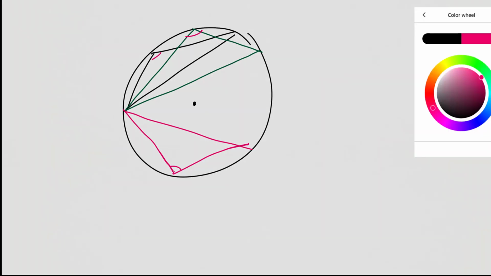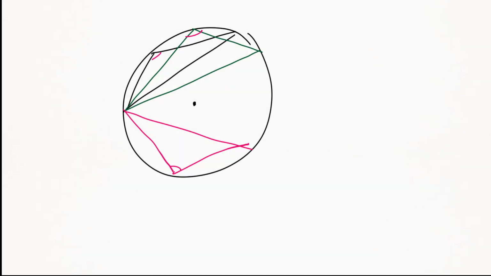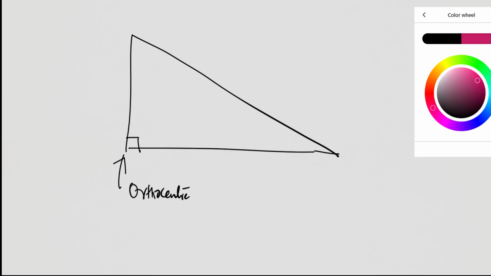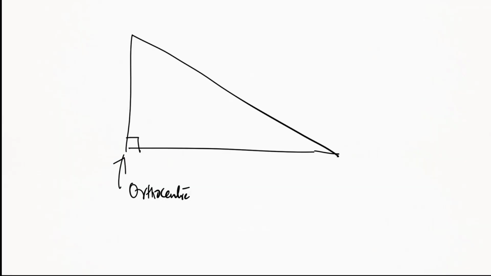The special case of this one will be a right angle triangle, right? So in a right angle triangle, you know this point is the orthocenter. These are important results that can help you solve the questions fast. The circumcenter in this triangle is the midpoint of the hypotenuse, right?